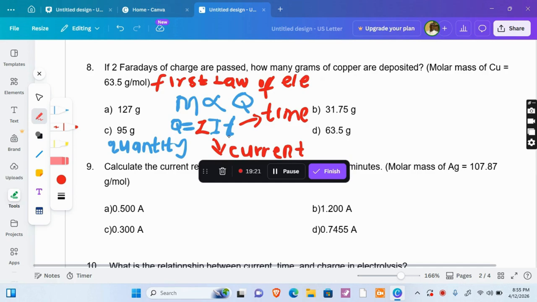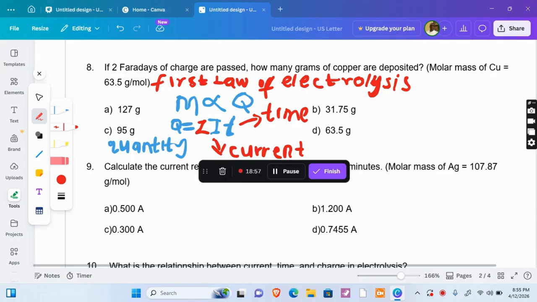As a student, as a learner, you need to know what this law states. That's Faraday's first law of electrolysis.